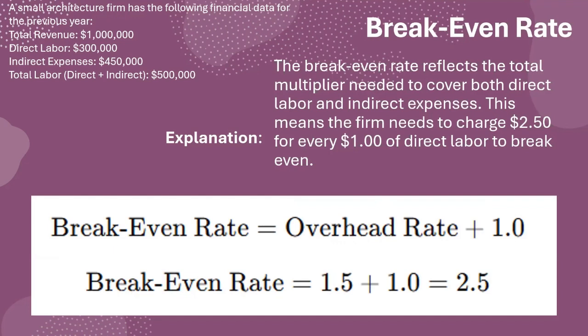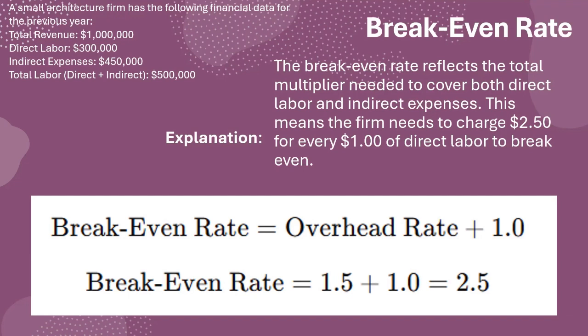With the same information, we just need to calculate a different thing. For the break-even rate, you take the overhead rate and add 1.0. We remember that our overhead rate from the previous slide was 1.5. So we add 1 and it equals 2.5.